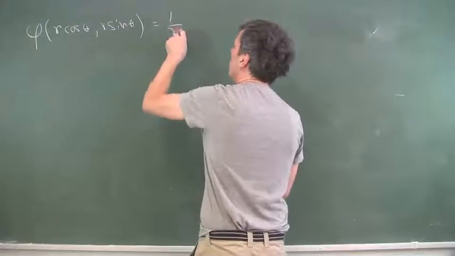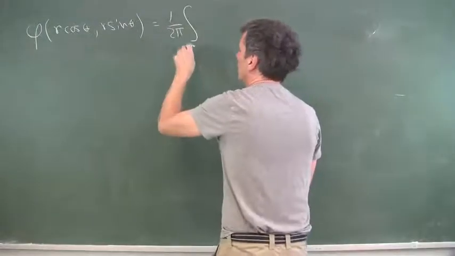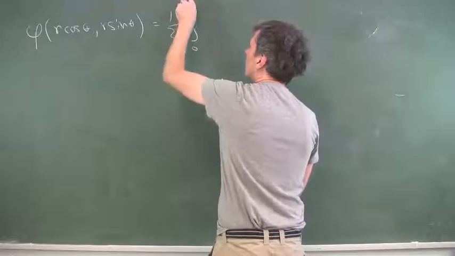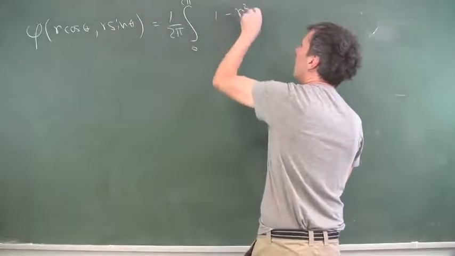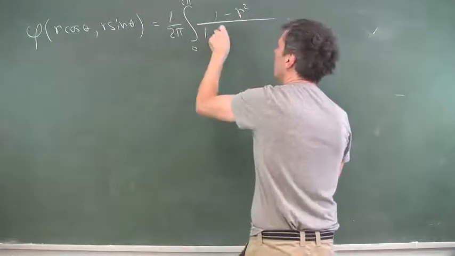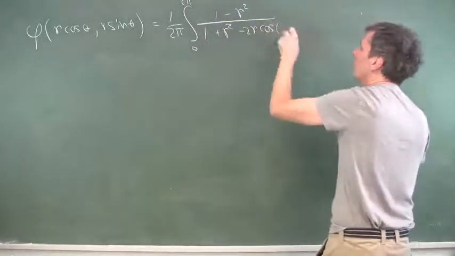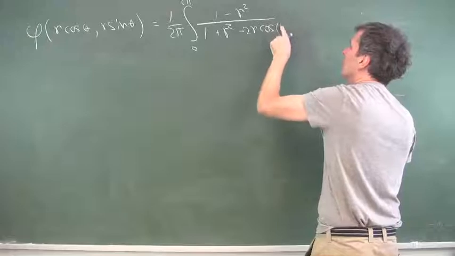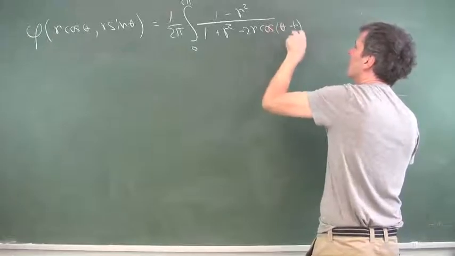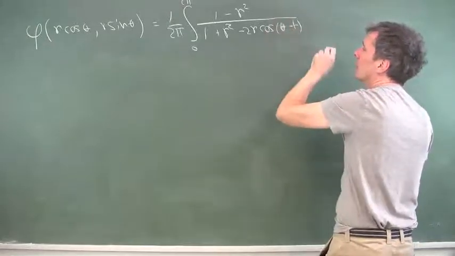And this will be equal to the integral from 0 to 2 pi of (1 minus r squared) divided by (1 plus r squared minus 2r times the cosine of theta minus t, or t minus theta, doesn't matter).